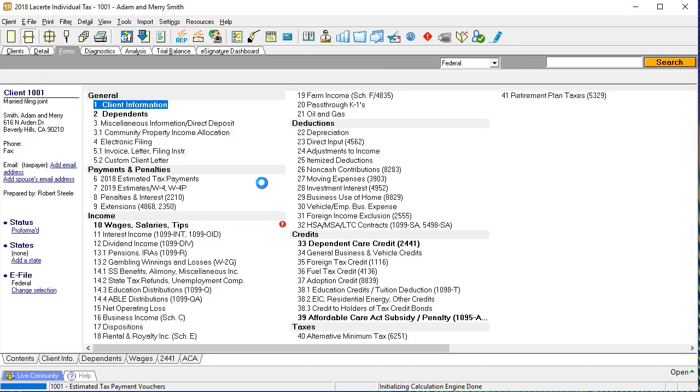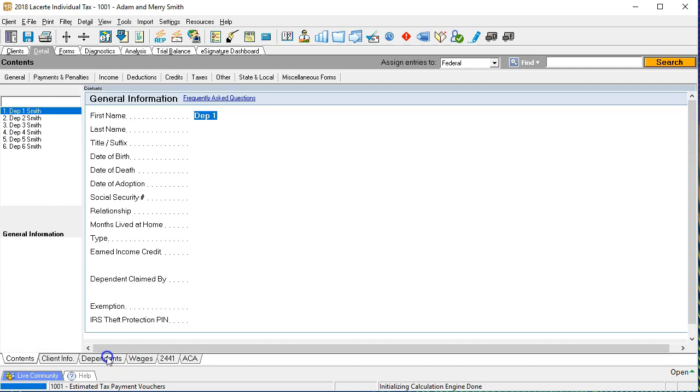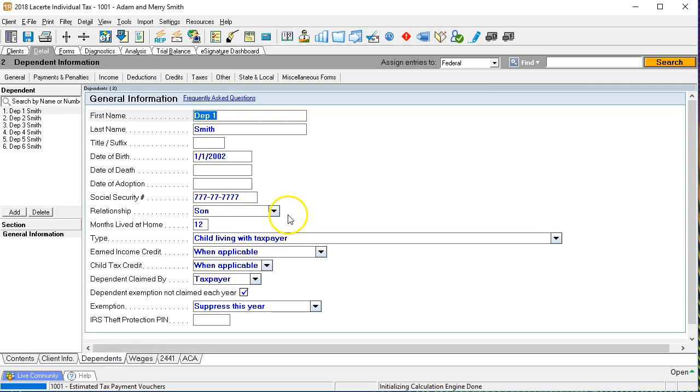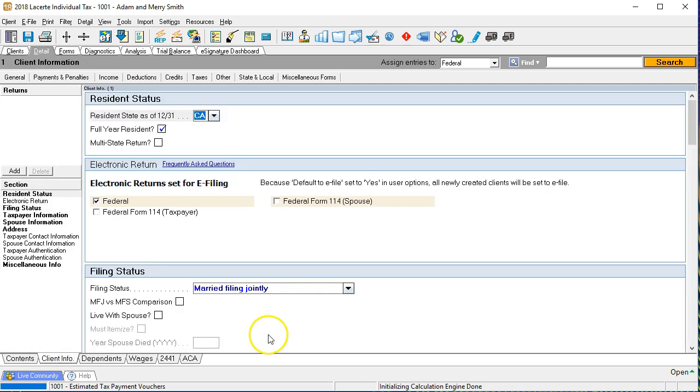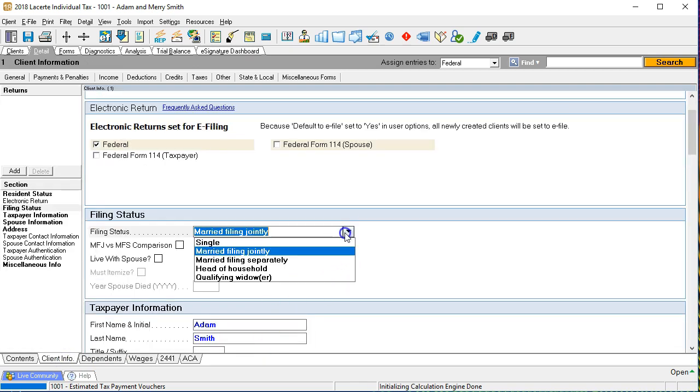The changes that are going to happen then is we're going to have one dependent claimed on one return, but the return is going to be now, instead of single, head of household for the person who was able to get the child as a dependent, most likely, because that's usually the thing that takes you from single to head of household. I'm going to start here with single, however, because I just want to show that that's basically what the tax code or the law is kind of basing it on.